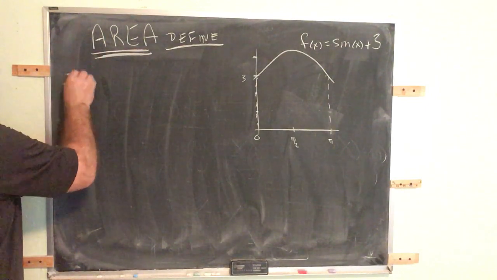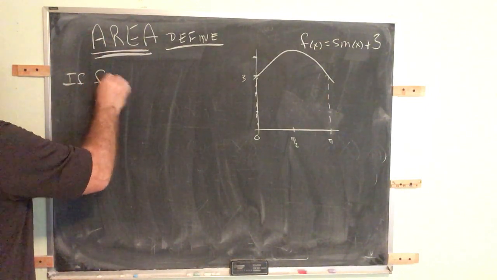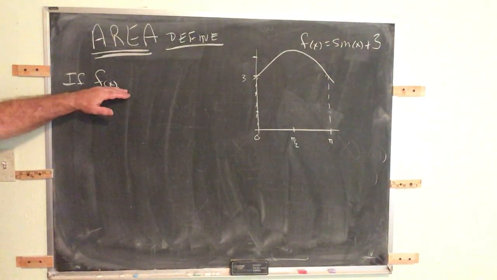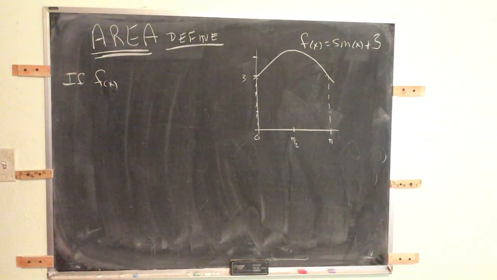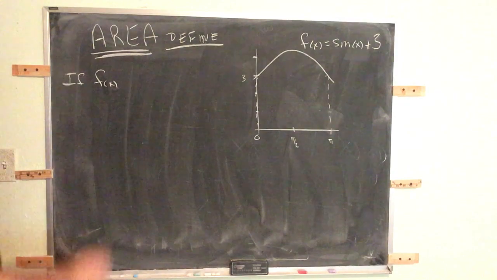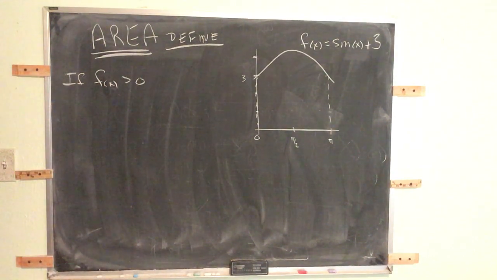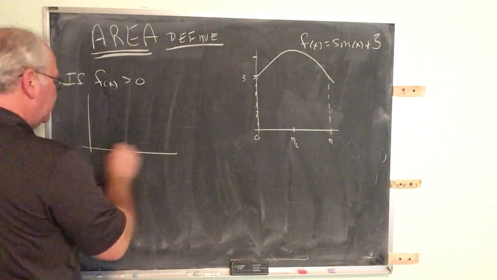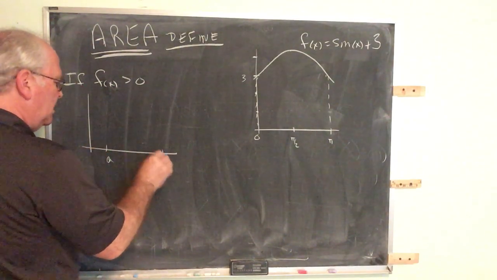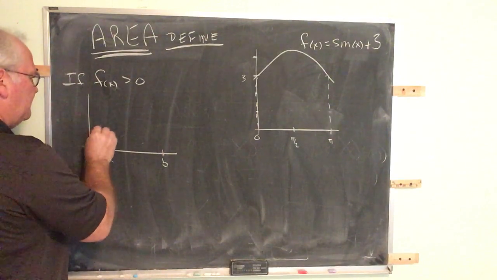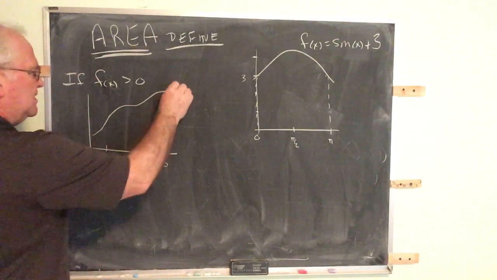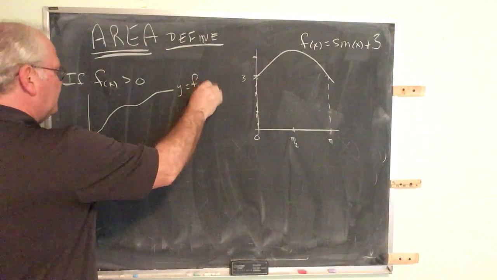If f of x is any positive valued function, so f is a function above the x-axis, then, if we have here's a, here's b, and some function that falls above the axis, this is y equals f of x.